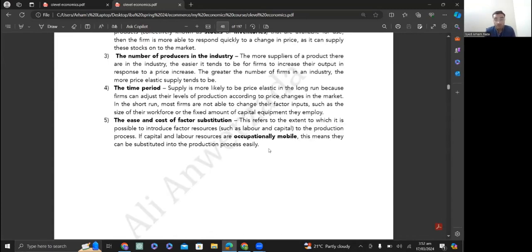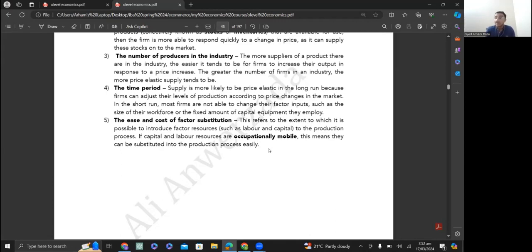Now the ease and cost of factor substitution. This is a very interesting point. If the product which the supplier is producing uses resources which are occupationally mobile, which means that labor and capital can shift towards making that product, then production can increase easily, because the factors of production can be easily substituted to produce that particular good.